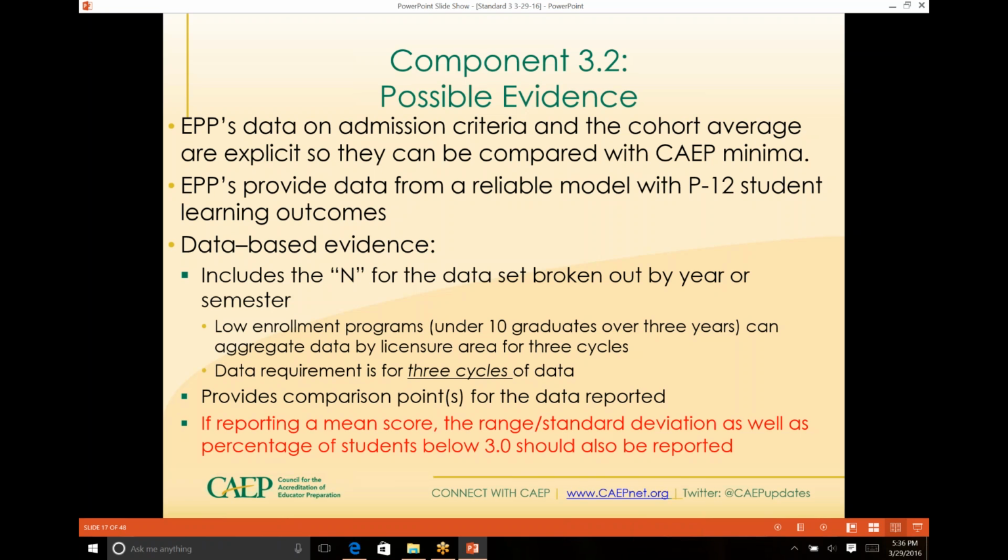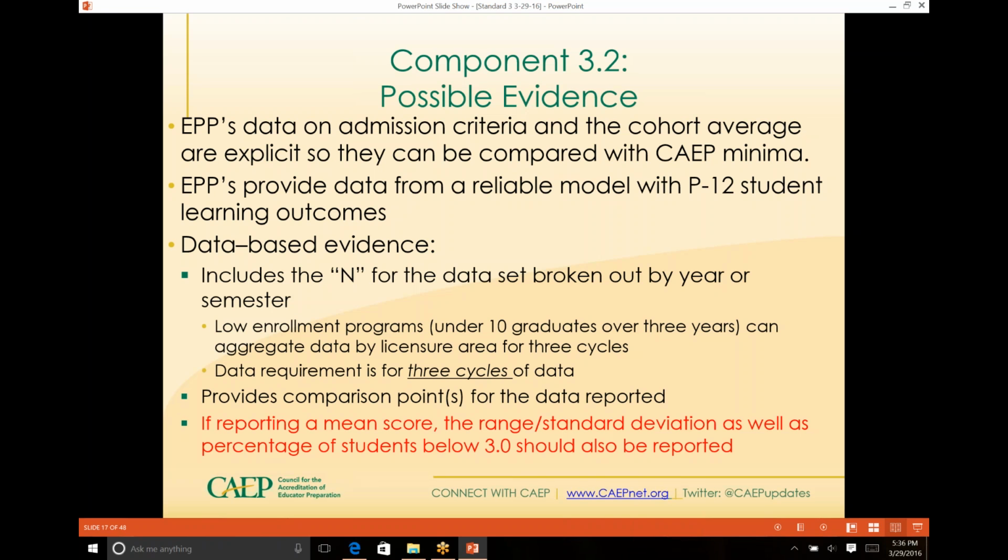And if you're reporting the mean score, and this is in red because I just read this as a new piece, the range and standard deviation should be reported as well. And you should include the percentage of students who are below 3.0. So if your cohort average is 3.0, the range could be from 2.4 to 3.9.